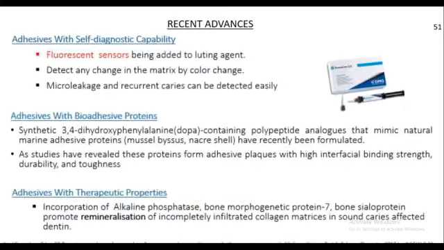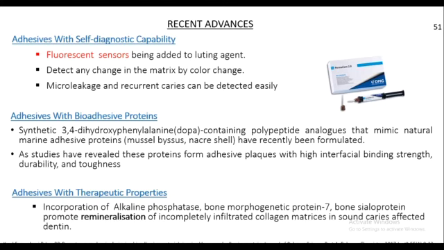Okay, so there are certain recent advances in adhesion which you need to know. Certain fluorescent sensors are being added to the luting agent, and they will detect the change in the matrix color, so any microleakage or recurrent caries can be detected using these fluorescent sensors.